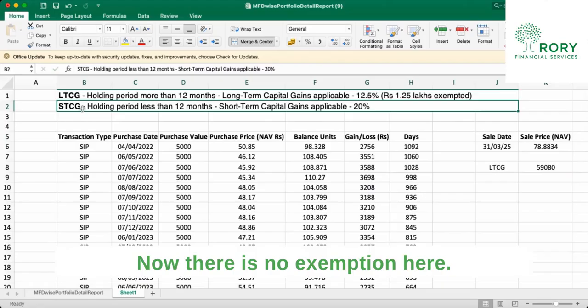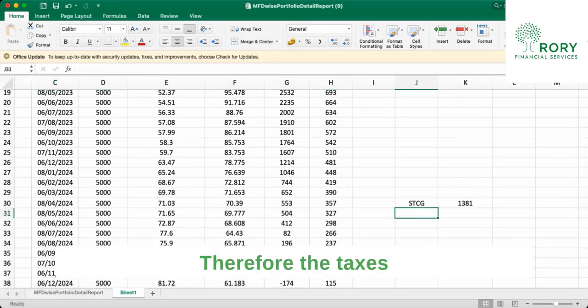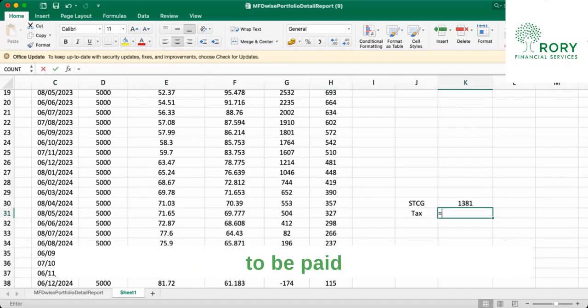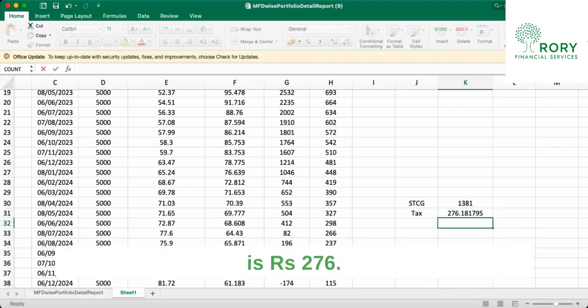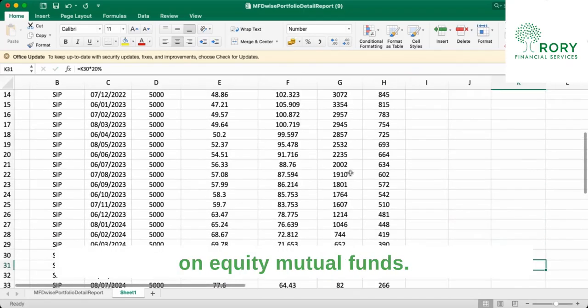Now there is no exemption here. Directly I am liable for 20% tax. Therefore, the tax to be paid is 276 rupees. So this is my taxation on equity mutual funds.